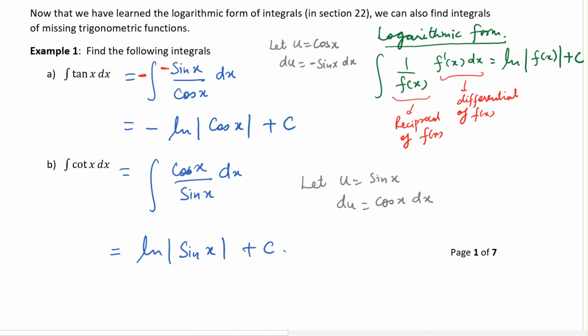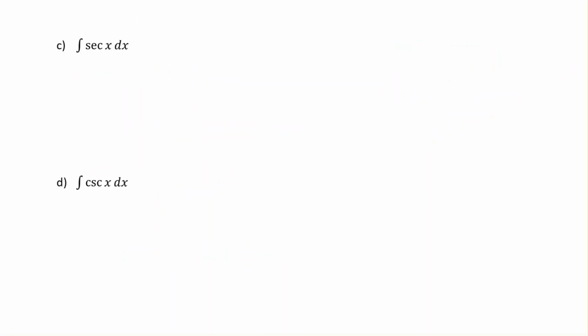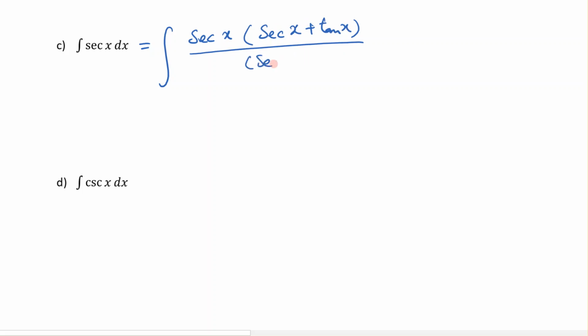Similarly, we can find our missing formulas for secant and cosecant. In order to find this, I have to be a little bit clever. I'm going to multiply and divide by the factor secant x plus tangent x, so I'm not changing anything about this function.